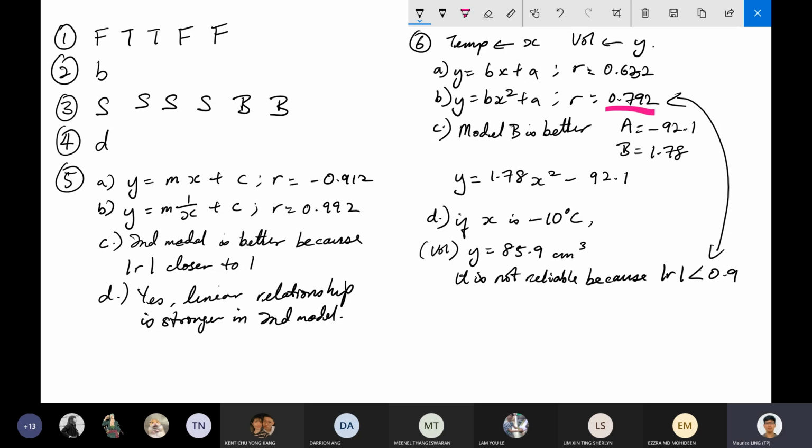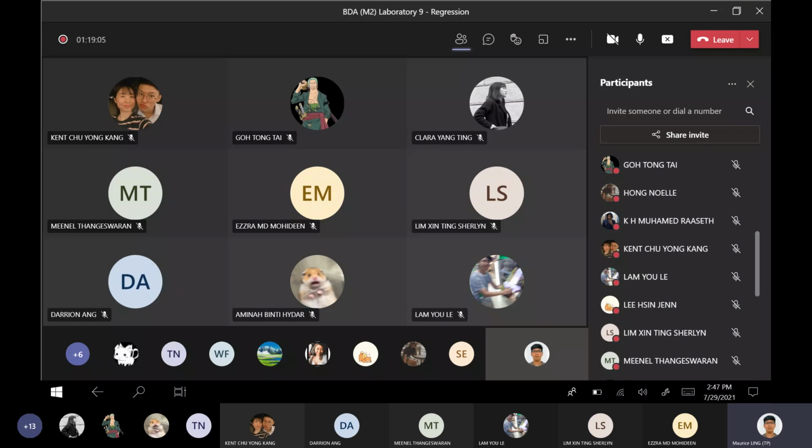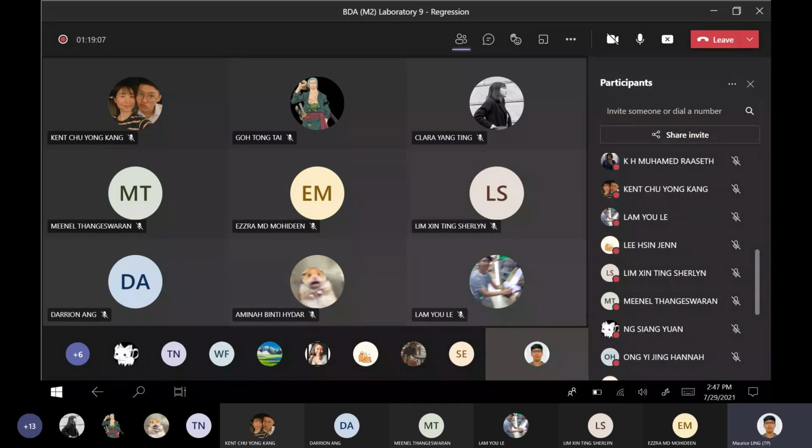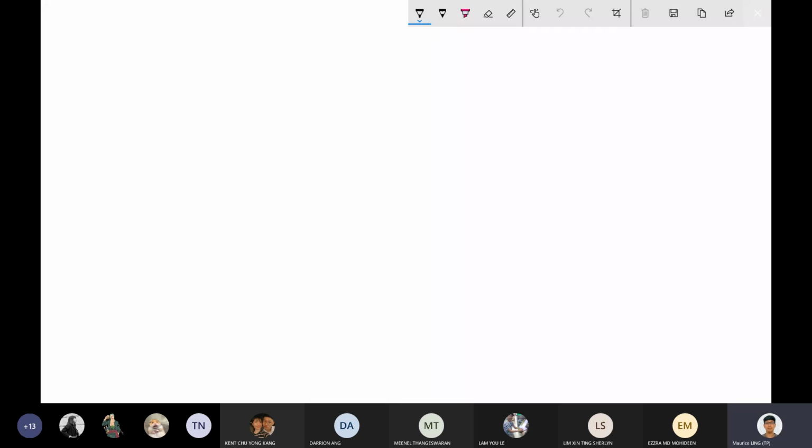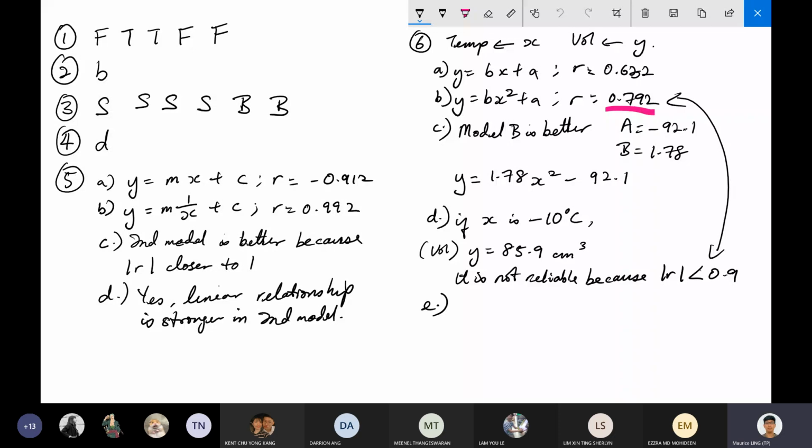Okay. So question E, is there an outlier? Let's have another person. Xiang Yuan, is there an outlier? There is the last one. The last one, right. So it is the 20 and about 900. That's the outlier.